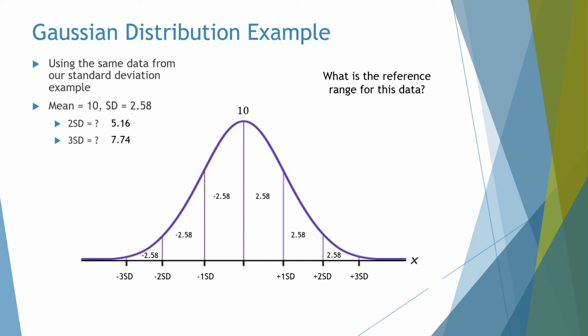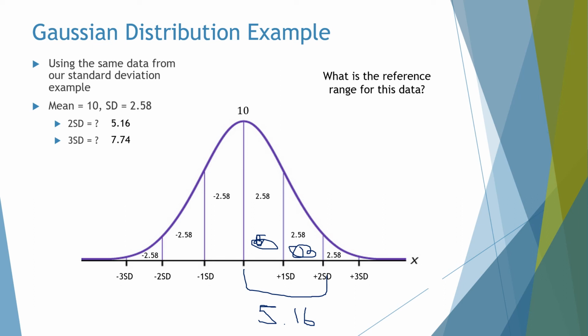If you wanted to calculate 2SD, you could add each standard deviation section. You could add this section to this section, and this is going to give you your plus 2SD. 2.58 plus 2.58 is 5.16. My beautiful drawing here with my mouse.